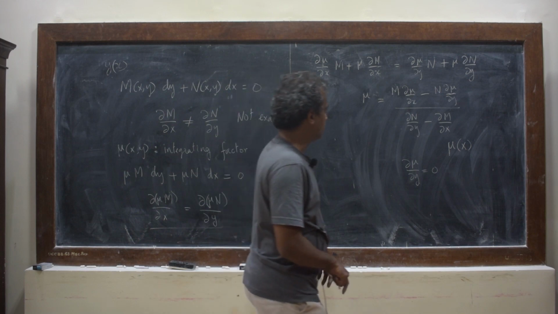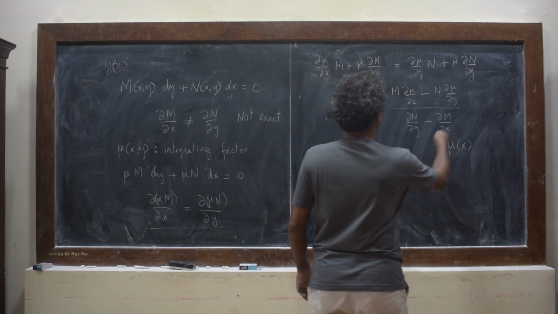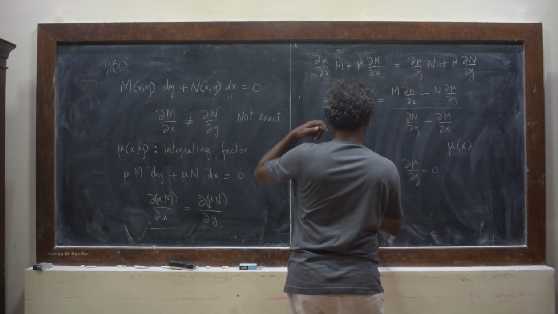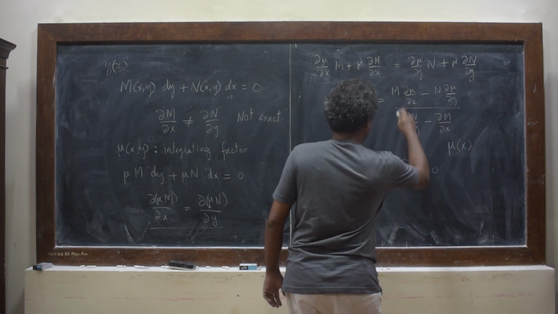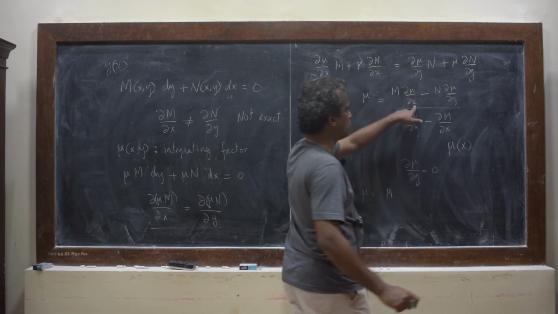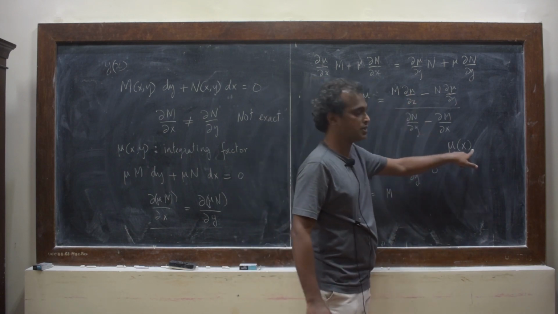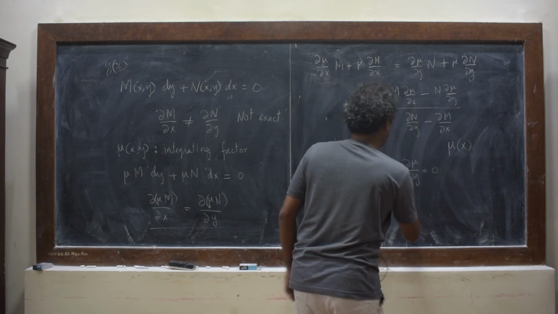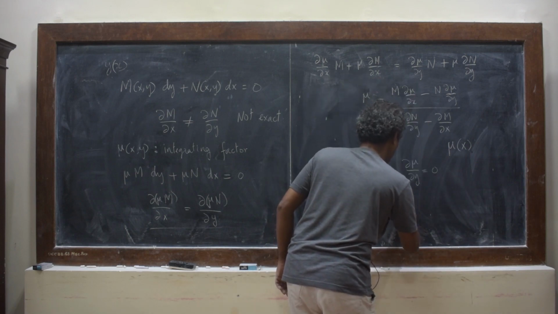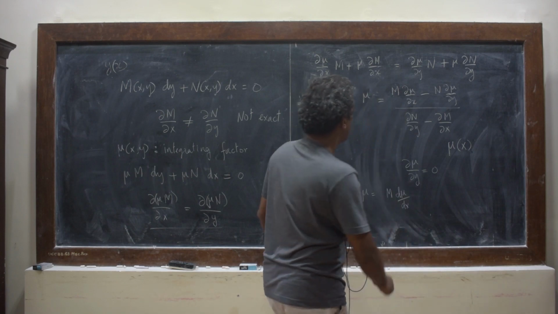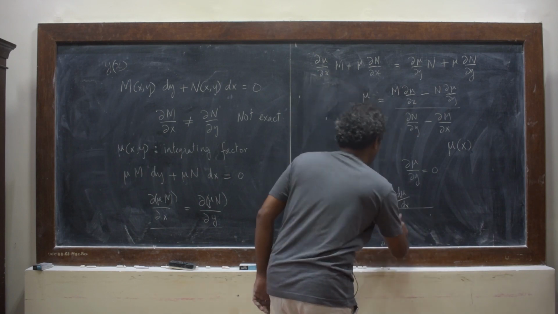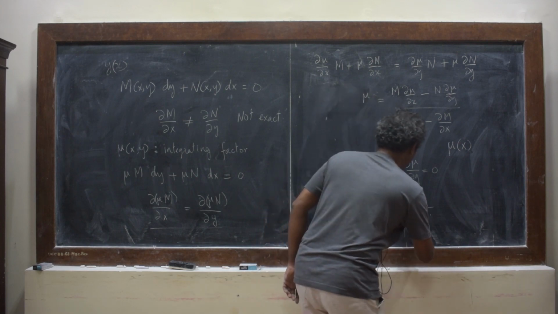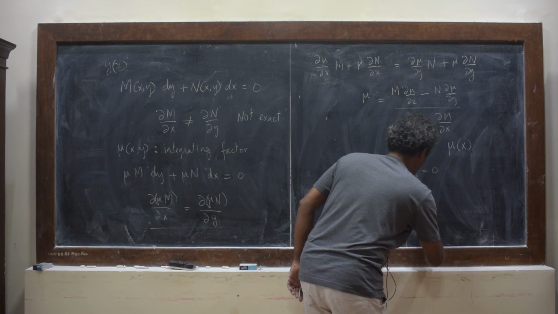When that happens, we could see that the right hand side becomes M into del mu over del x. Since mu is a function only of x, I could very well write that partial derivative as a total derivative d mu over dx, divided by del N over del y minus del M over del x.